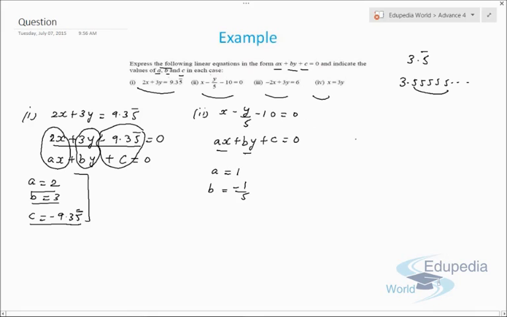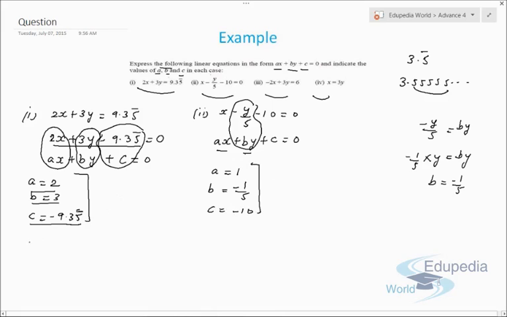Now let me explain how. We are given that minus y by 5 equals by. If we compare these two terms, we can write minus 1 by 5 into y equals by. If we compare both sides, we get b as minus 1 by 5. So this is how we compare the equations, and we get c as minus 10. So these are the values of a, b and c.